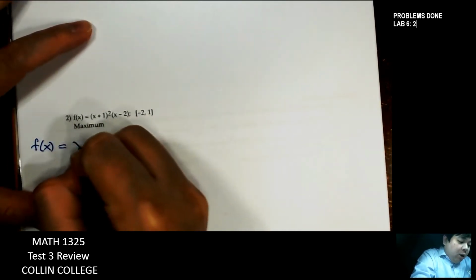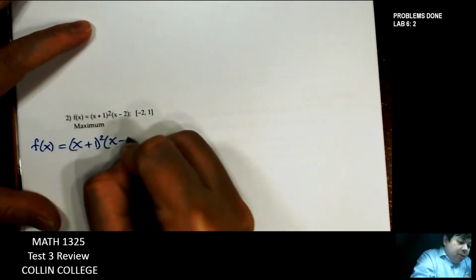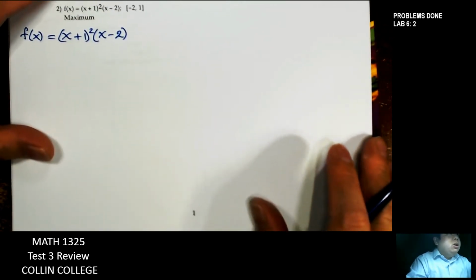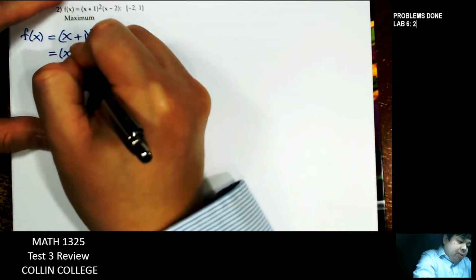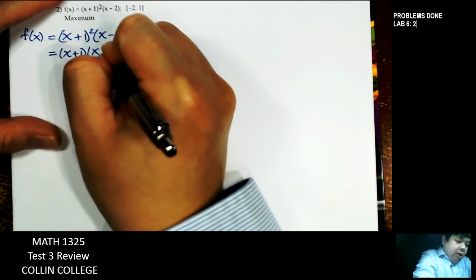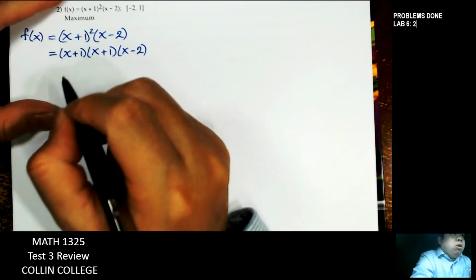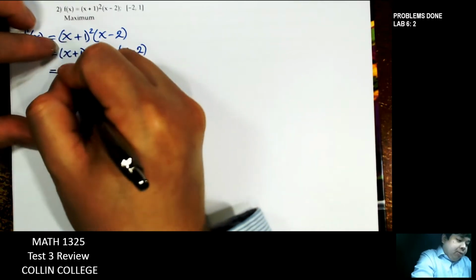I will multiply it out. Just copy the problem first. Now I multiply it out. X plus 1 squared, so multiply x plus 1, x minus 2. I have to do those two first.